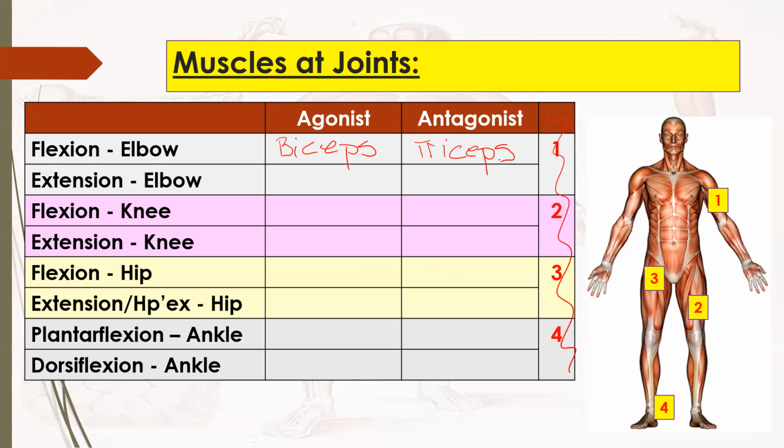Now, if you remember what I said about just the opposite movement during extension, so the straightening of the elbow, the agonist here will be the triceps, and then working in opposition to that would be the biceps. Okay, so I want you to complete the table like that as we move through each of these examples. Pause the video here and try and have a go at that.